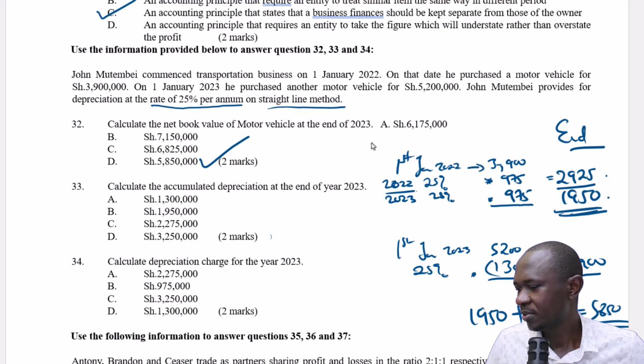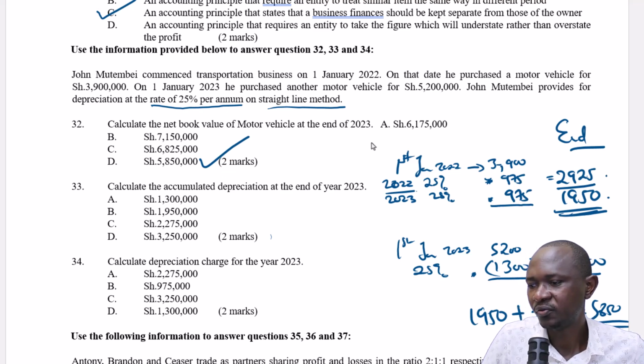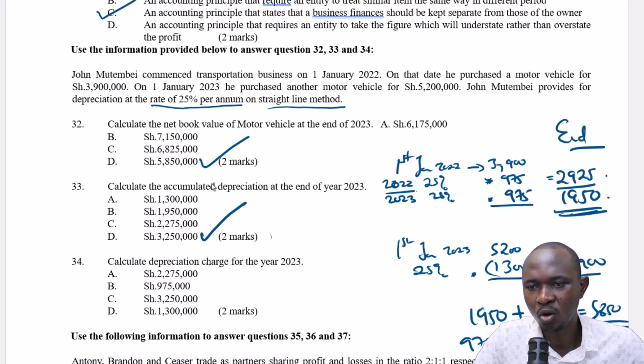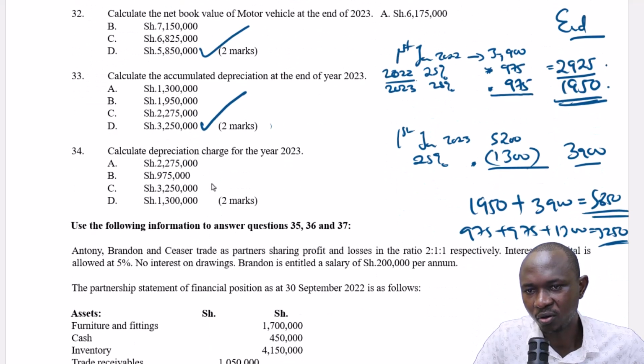So this will give us 975 plus 975 plus 1,300. The answer is 3,250. Do we have that here? Yes, 3,250, we have it. That is the answer. That is the accumulated depreciation at the end of year 2023 for both the two vehicles.